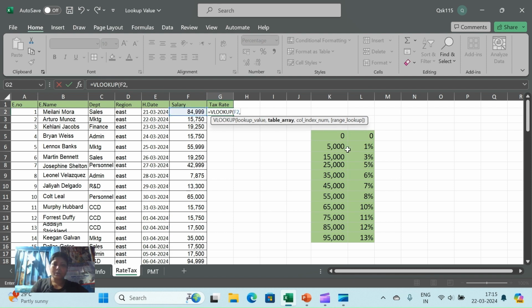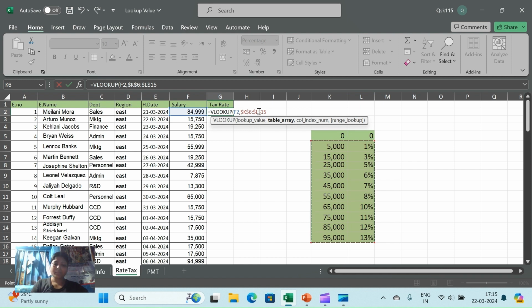Comma, table array would be this. All right, now we need to freeze our formula because we are working on huge data, and doing the same thing one by one does not make sense. So we need to freeze our formula with the help of the F4 key.